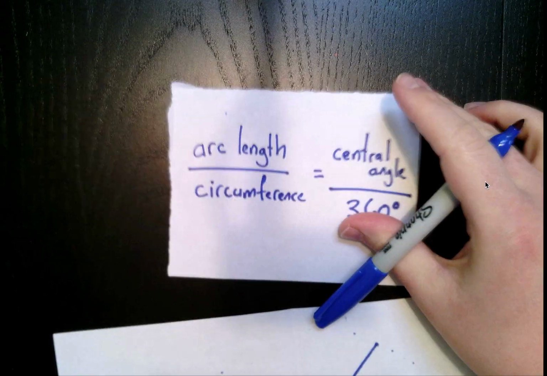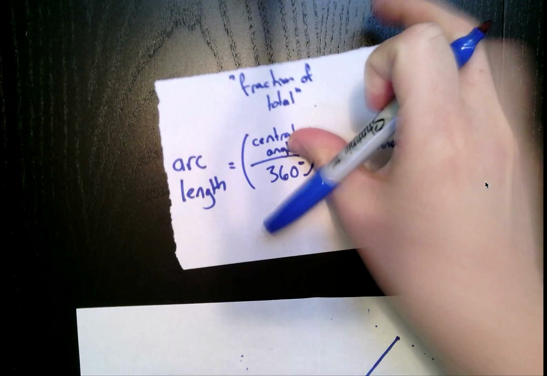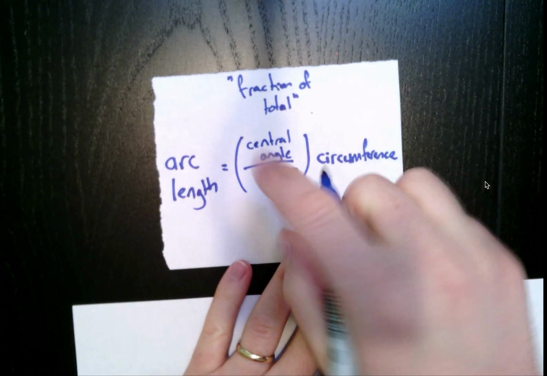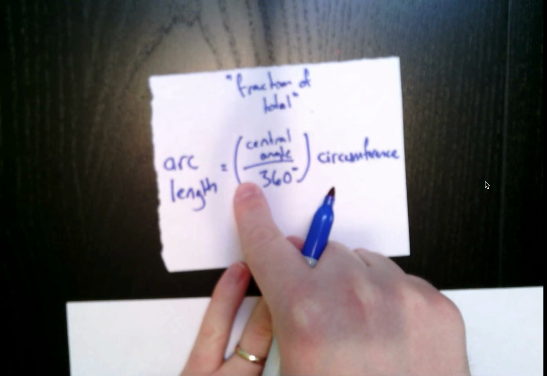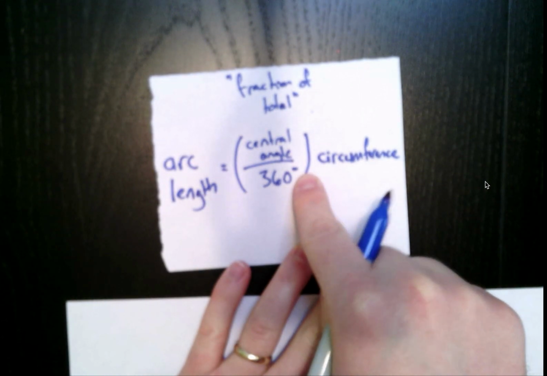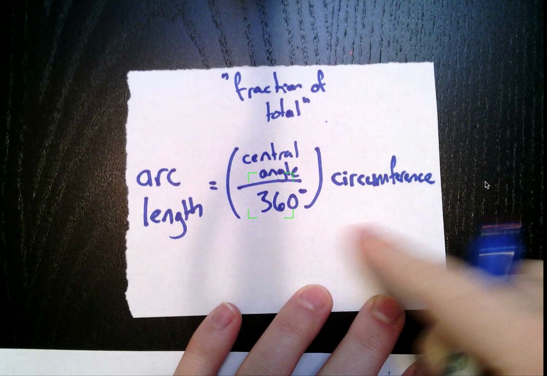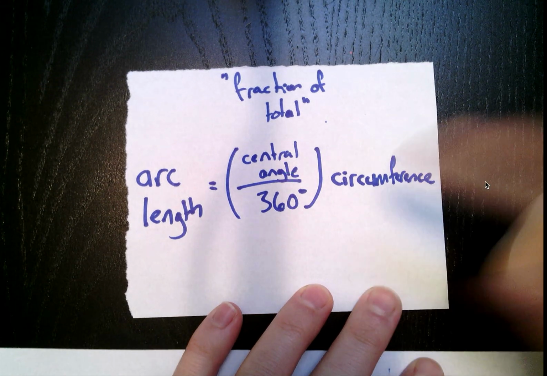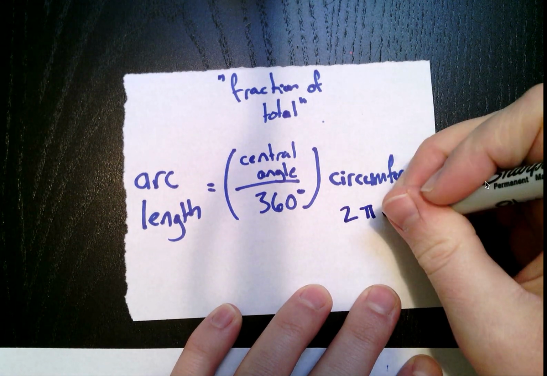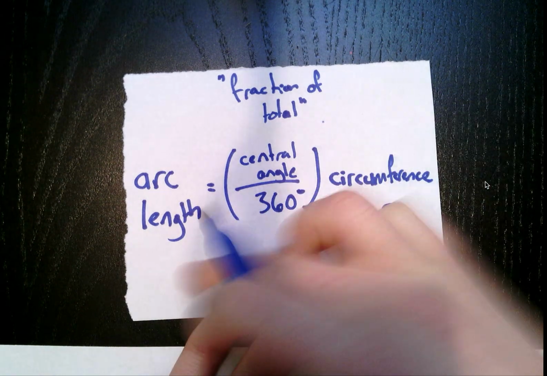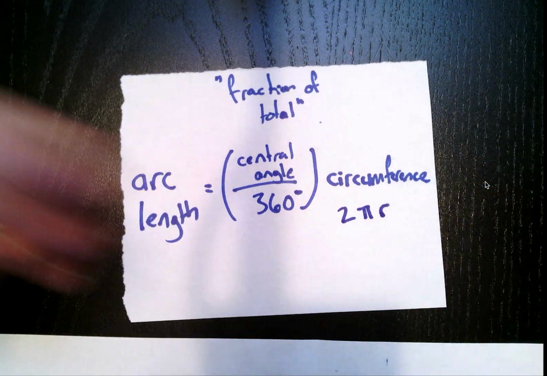So I think what might help a lot of us is just rearranging that proportion to say arc length is equal to that fraction of the total times the circumference of the entire circle, which is 2 pi r. This might help a lot more people to think about it because you don't have to set up a proportion.